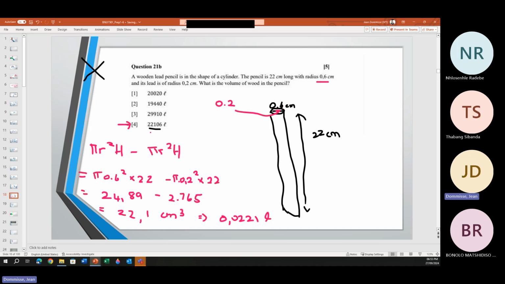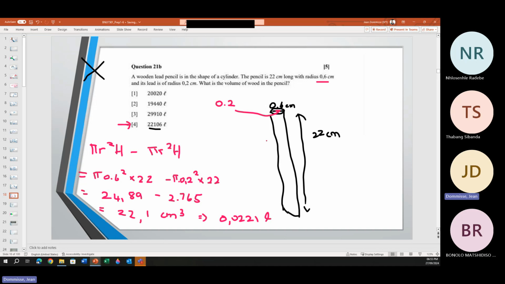And you can just again think for yourself. If you look at that pencil in front of you, there's just no way that it holds 22,000 liters of wood. So it is probably the 0.0221.